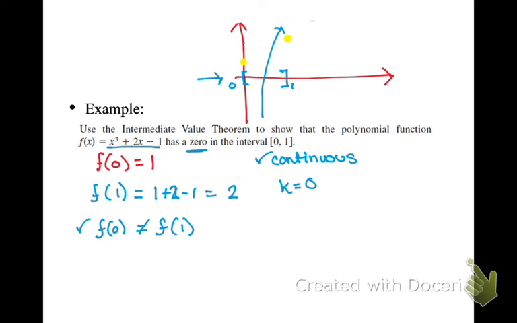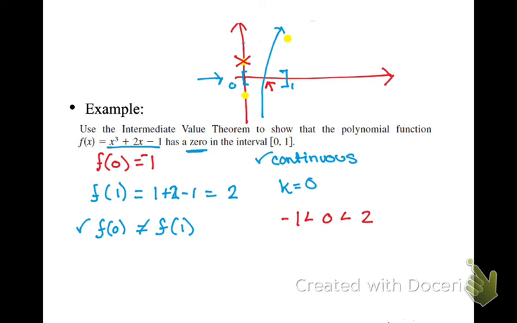No. What's wrong with f of 0, guys? It should be -1, shouldn't it? So now let's look at that again. If f of 0 is -1, is 0 between -1 and 2? Is that statement true? Yeah. So there's at least 1 point that this happens at.